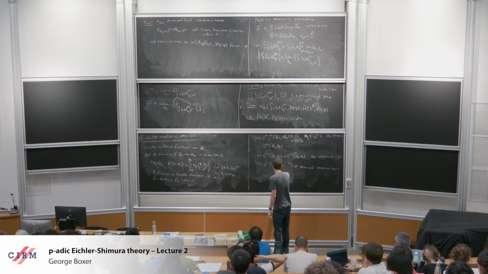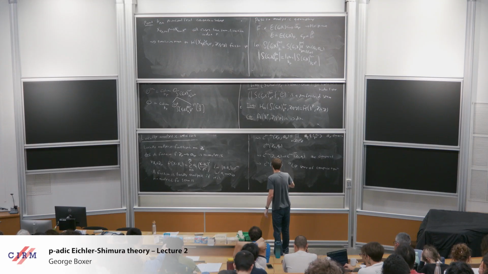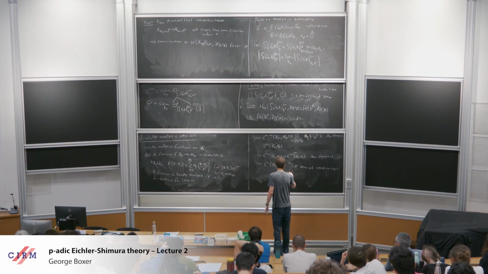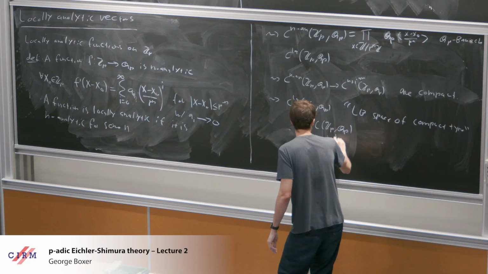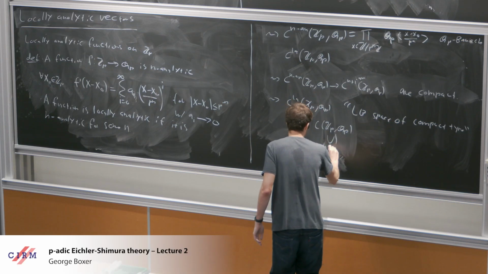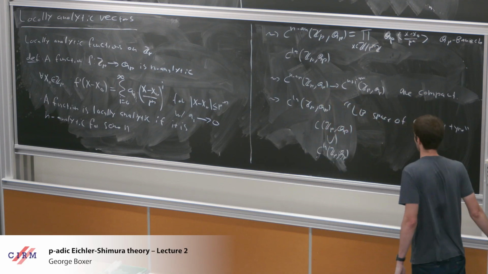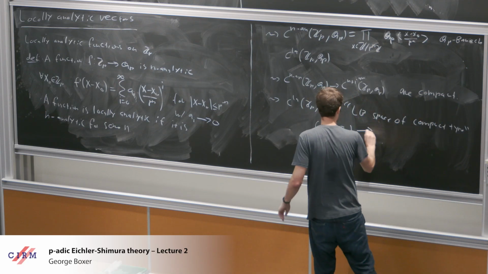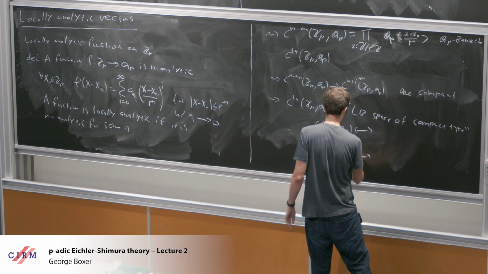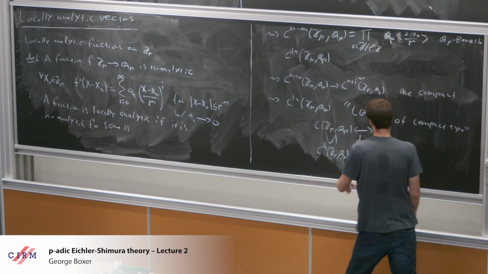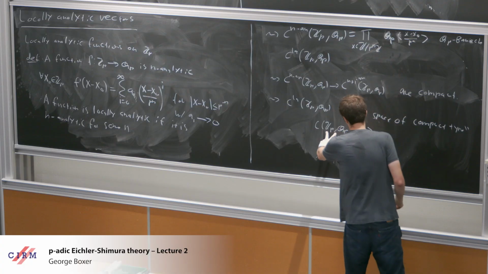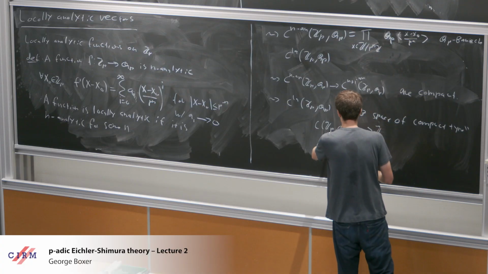So we have the bigger function space of continuous functions from Z_p to Q_p, and inside that we have the locally analytic functions. And if we take their duals, so we said before that this is the space of measures on Z_p.